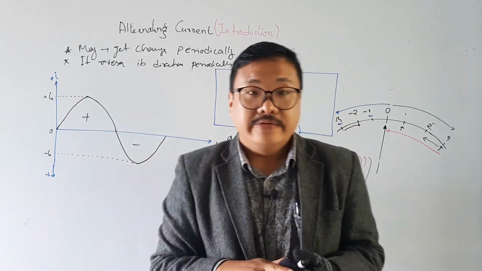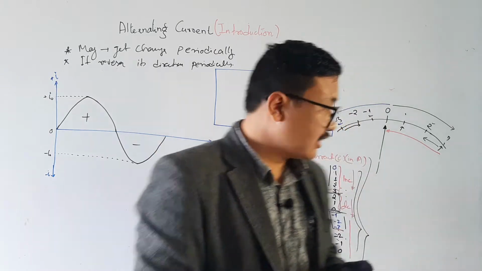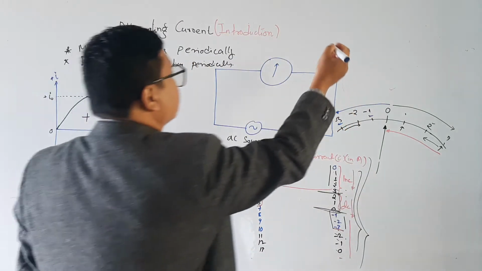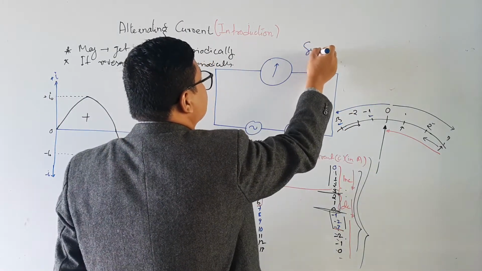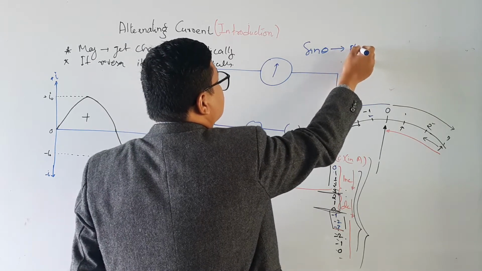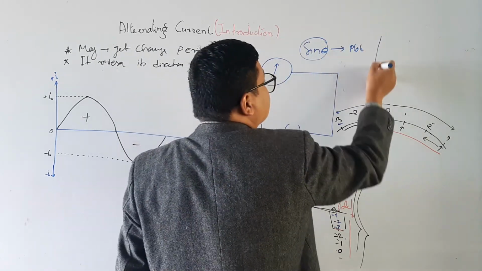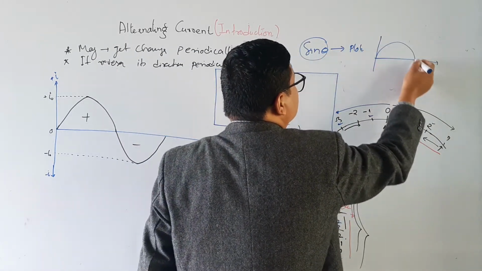Now let us tally this graph with some other function. If we take sine theta and its plot, the graph of sine theta will similarly look like this one.